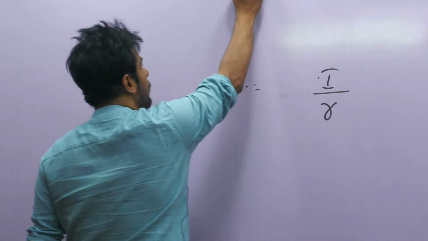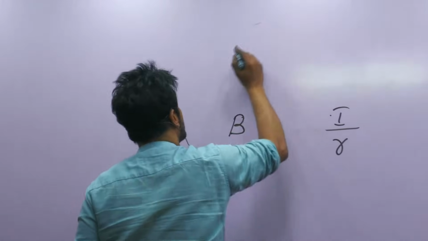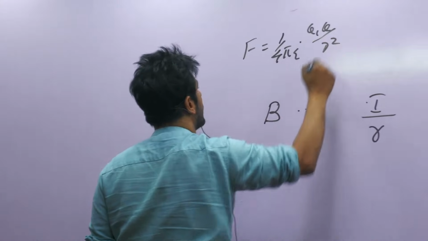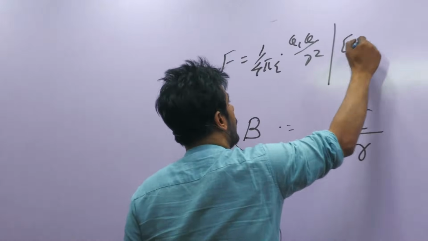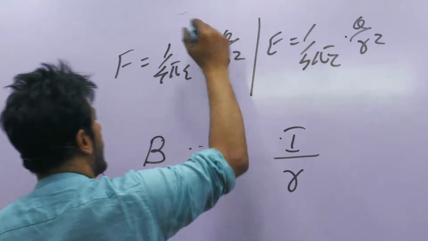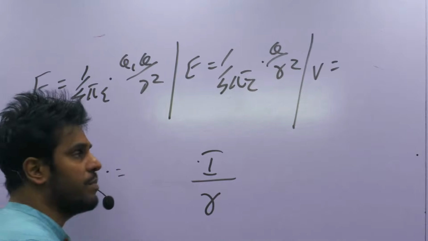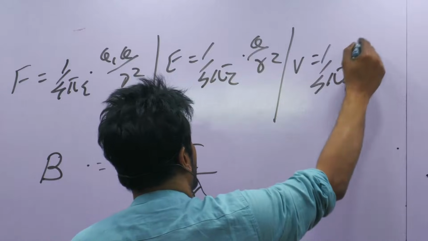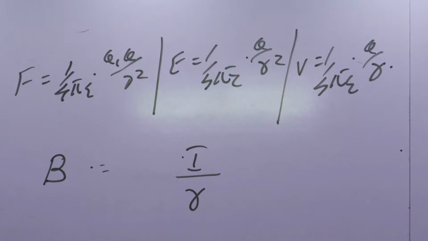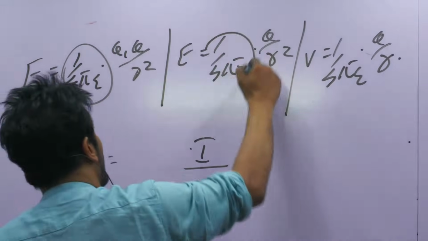For example, when you write force in electric field, you write 1/(4π epsilon naught) Q1 Q2 divided by R squared. Again, the electric potential due to a static charge is also given by 1/(4π epsilon naught) Q divided by R. Now you can see each and every equation in an electric field has this constant 1/(4π epsilon naught).